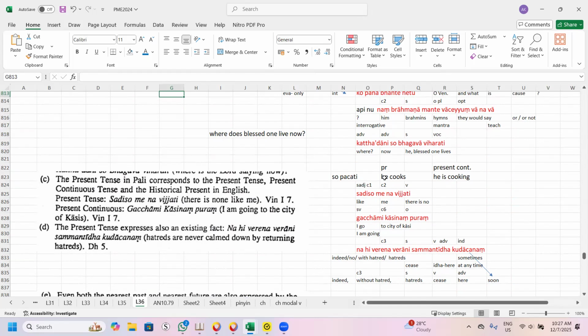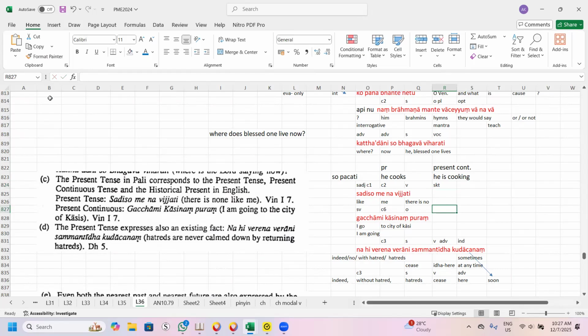That means so pachati you can translate in two forms: he cooks, he is cooking. Normally in Sanskrit, we will translate so pachati in the present continuous form, he is cooking. We prefer to use this. But in English, you can take both of them.